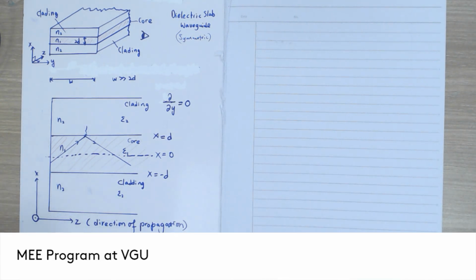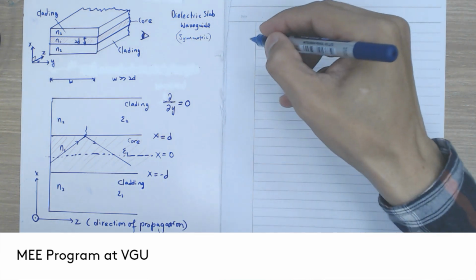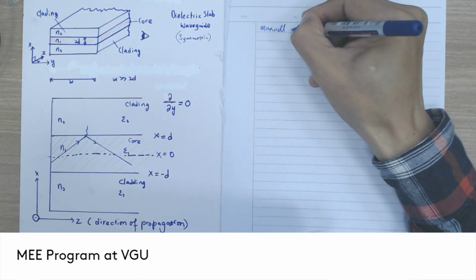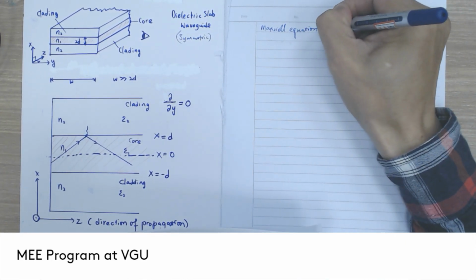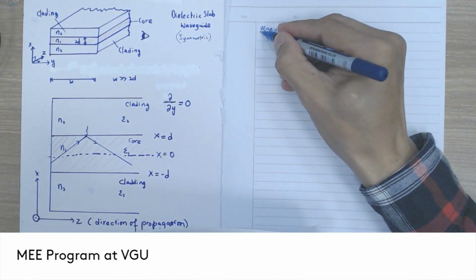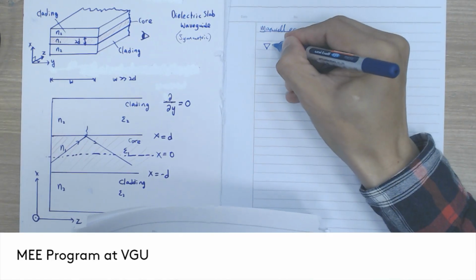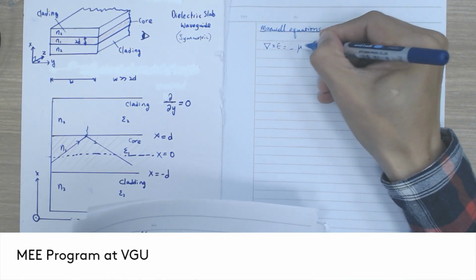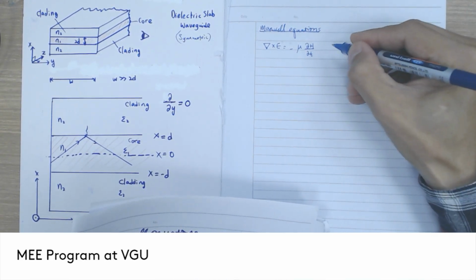Now we are going to use Maxwell's equations to solve the problem. We are going to use curl of E equal to minus mu times partial H over partial t.